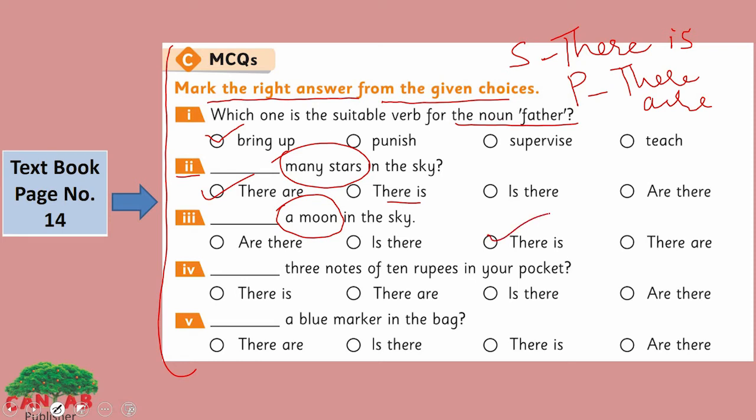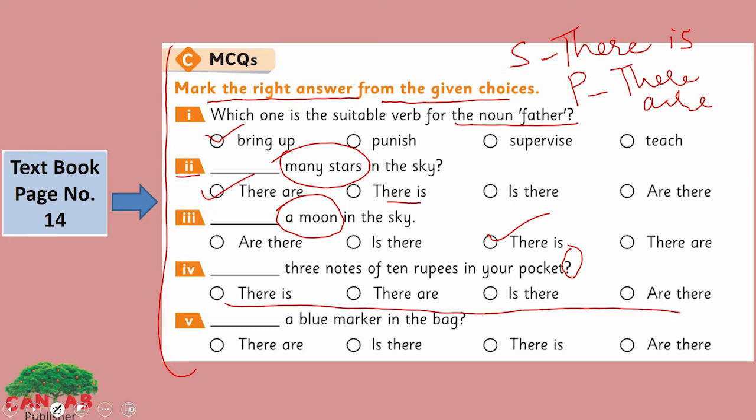Look at the fourth one. It's quite different. 3 notes of 10 rupees in your pocket. There is a question mark here. Yes, we have learnt this in your previous lesson. The concept of there are and is there, are there or there is. We have 4 options here.